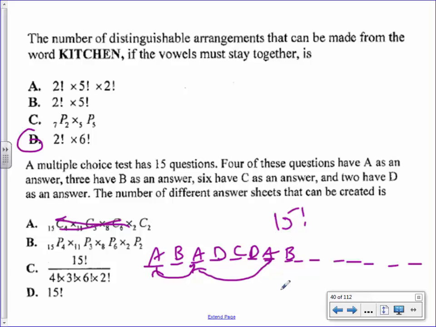So in order to solve the identical objects problem, you have to divide by how many of each you have. So since you have 4 A's and 3 B's and 6 C's and 2 D's, that's the answer. Because it's an identical objects question. The answer A looks the same as the other answer A. Does that make sense? Even though they might be in different locations, functionally they look the same as each other.